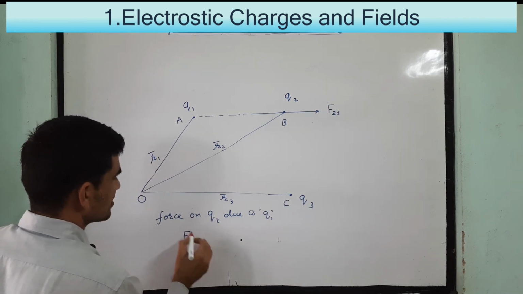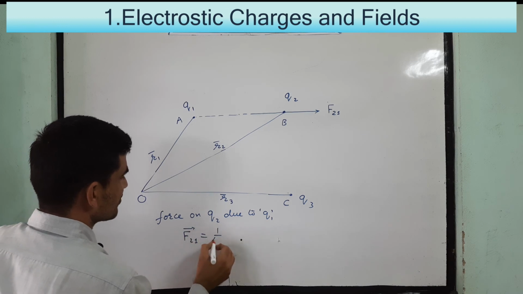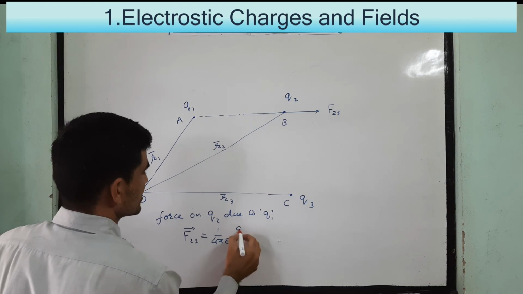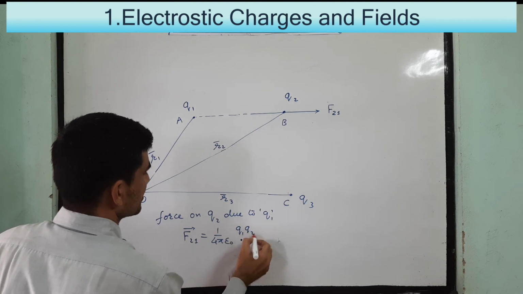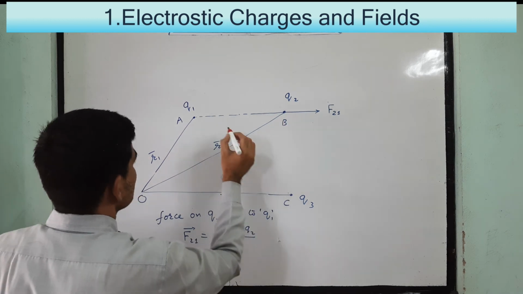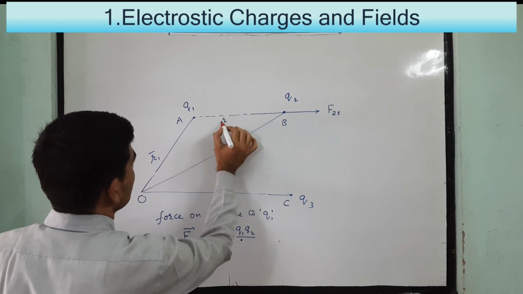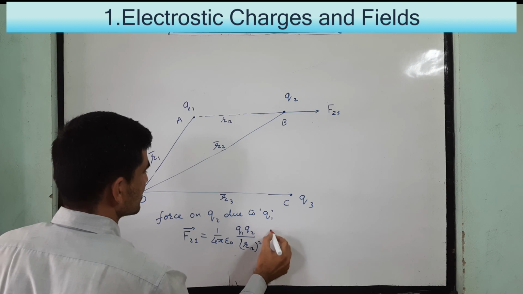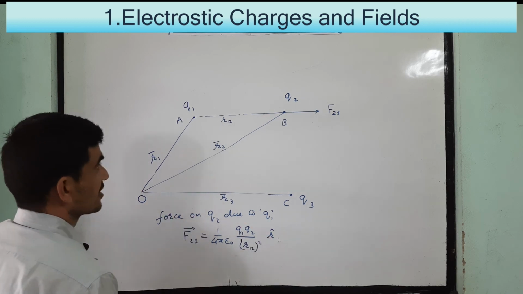According to Coulomb's law, F21 will be 1 upon 4 pi epsilon naught, the product of the two charges q1 q2 divided by this distance, r12, squared, times the unit vector of r12.